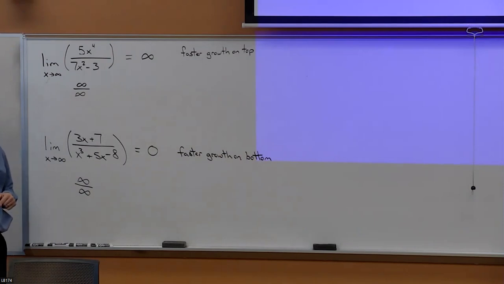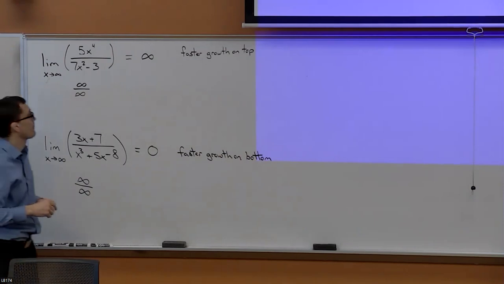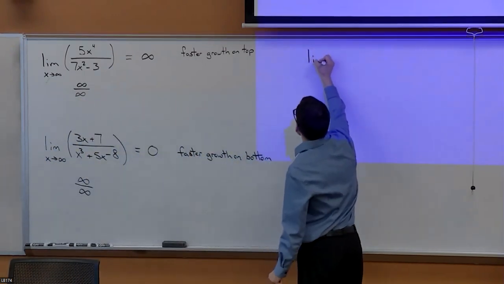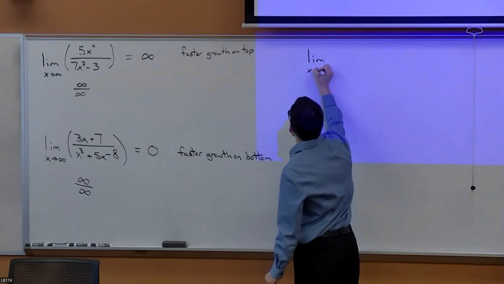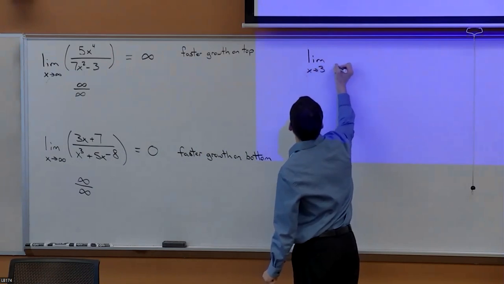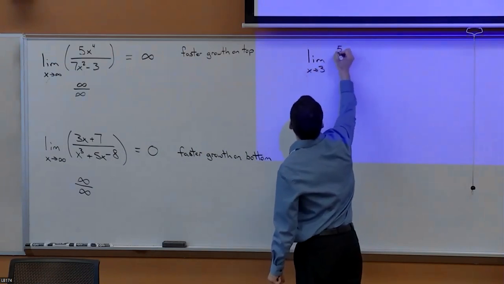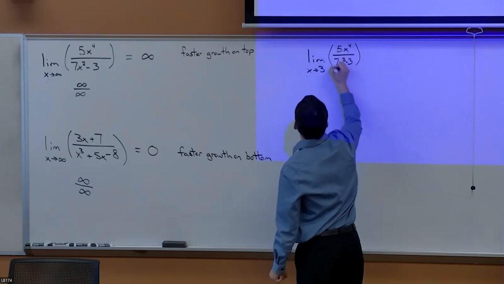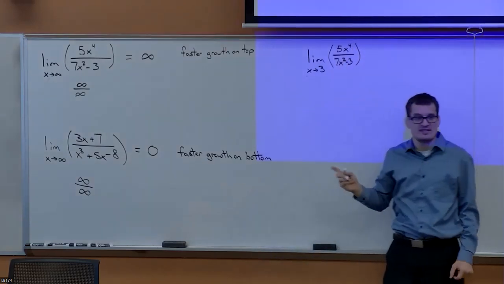Now, by the way, just so we're all on the same page, if you have the limit as x goes to 3 of 5x to the 4th divided by 7x squared minus 3, that is not going to be infinity, right?